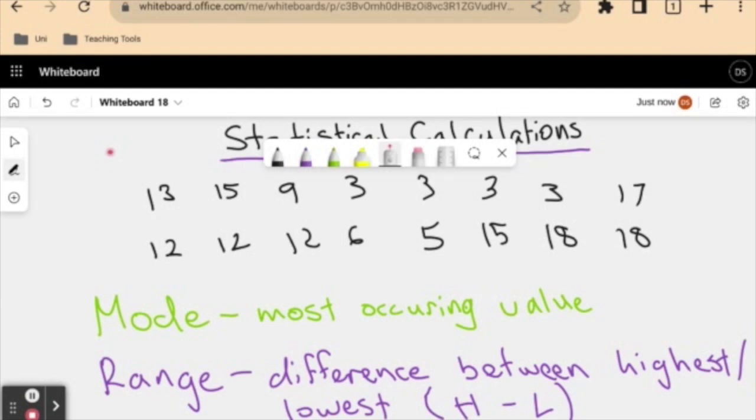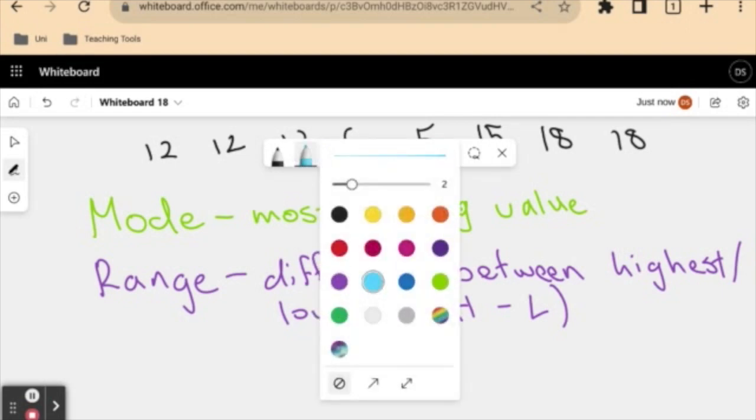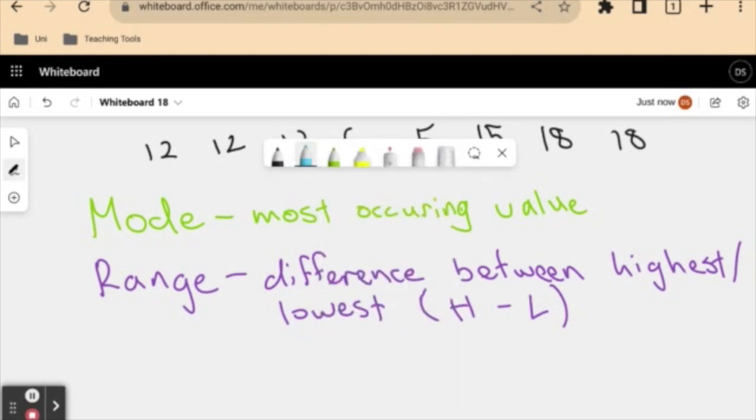Now, moving on, we've defined these two. We have two more to go. So now we're going to look at the median. The median and the mean are two quite significant ones because they deal with this notion of the center of our data set, sort of around the middle.